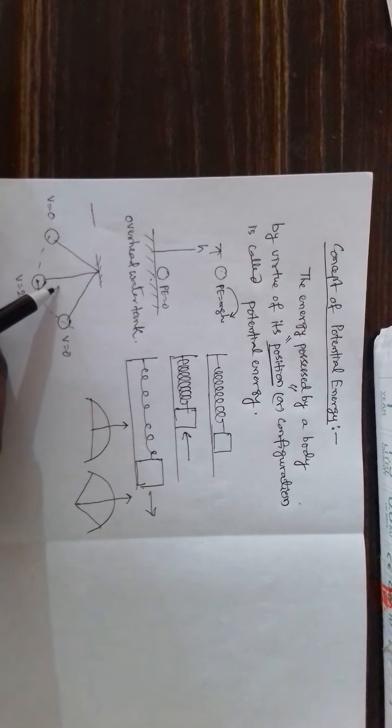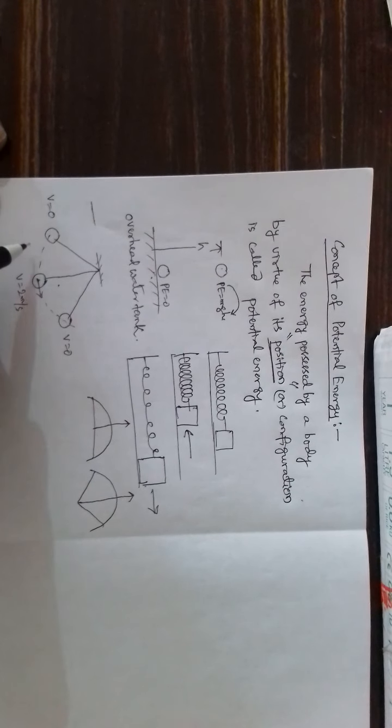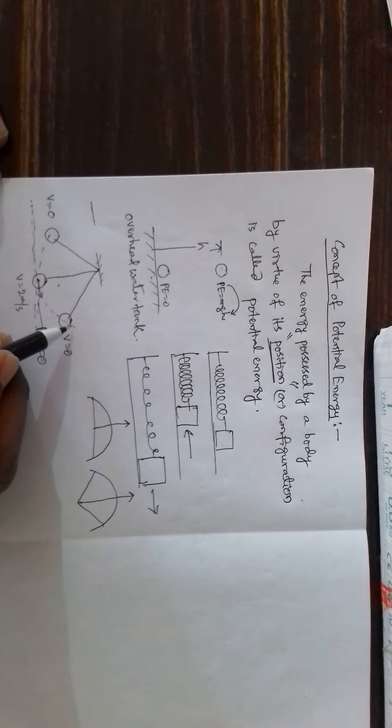Here also, a simple pendulum is executing oscillations to left and right. At the lowest point, we take potential energy as 0. As it moves higher and higher, its potential energy increases.